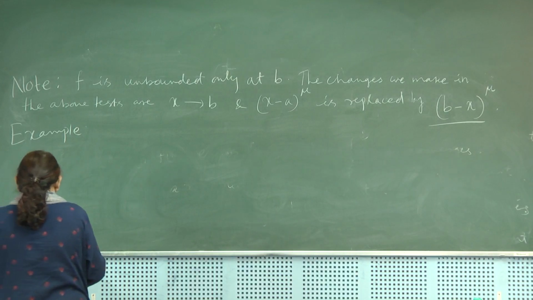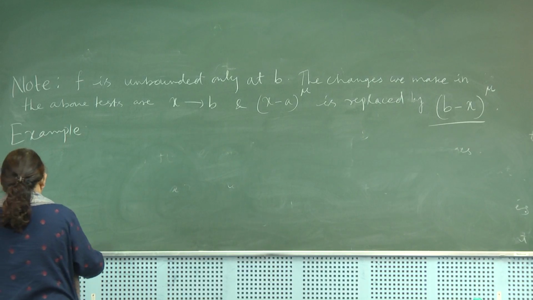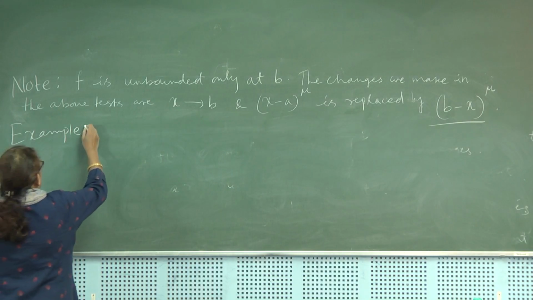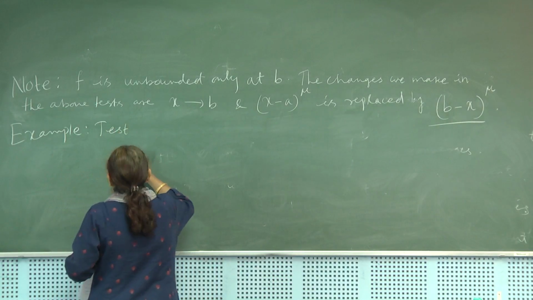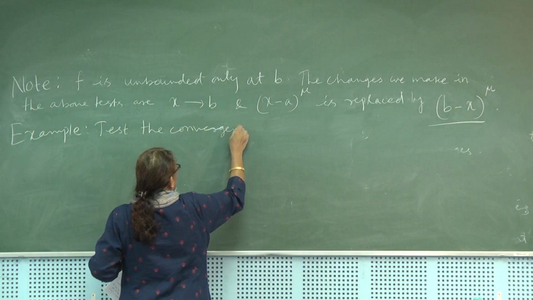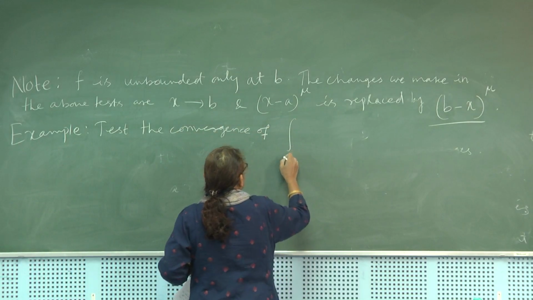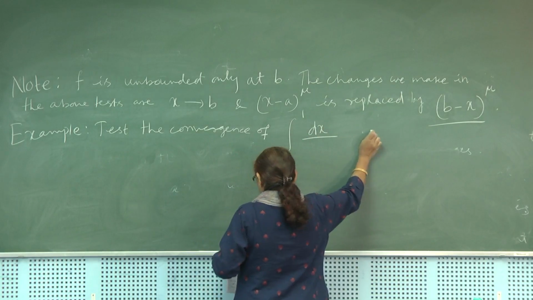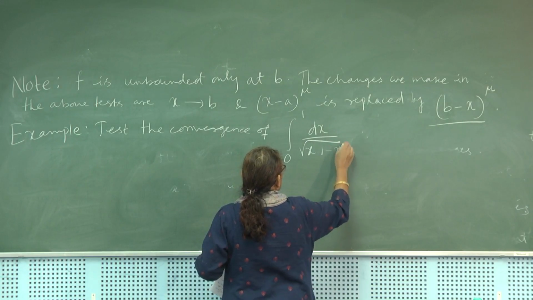Suppose I ask you to test the convergence of the improper integral 0 to 1 dx divided by square root of x into 1 minus x.